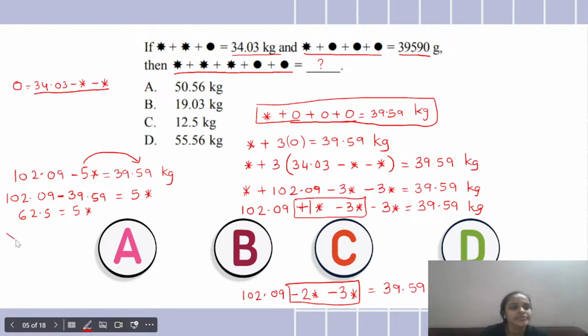And now I can simply find the value of star by dividing 62.5 by 5, which finally gives me the answer as 12.5. Okay, so I hope it is all clear up till here. After this, the steps are easy. It's very important to understand how did we come here.